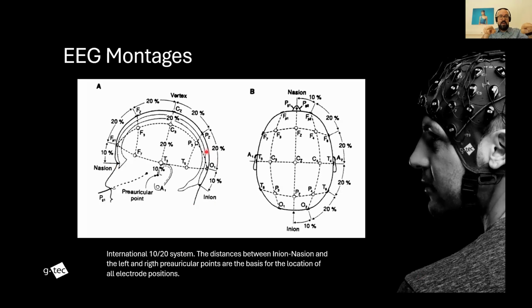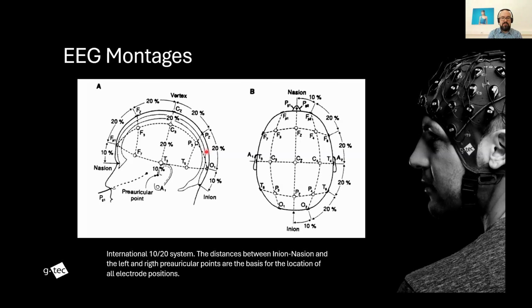These are the first measuring points vertically, and then you also have the left and the right preauricular points. And on the top, at the intersection of both of them, is the position of CZ. And from that point, you will measure all the other positions as well. We'll be able to see how to measure it today.